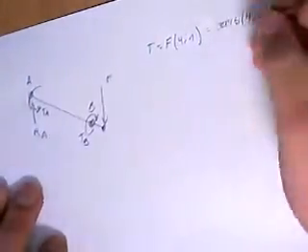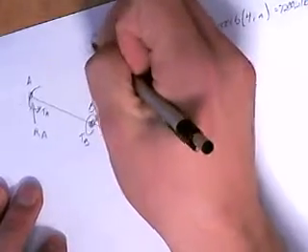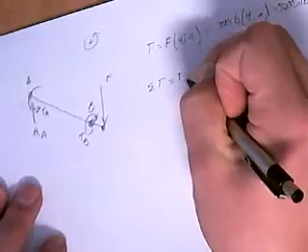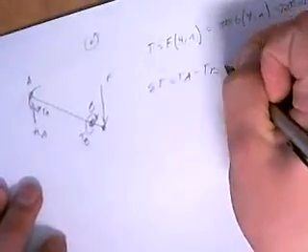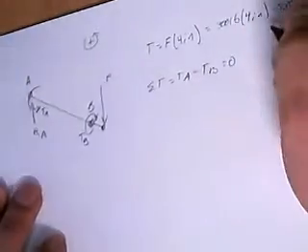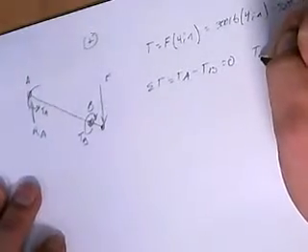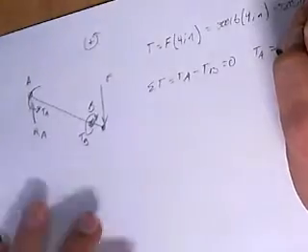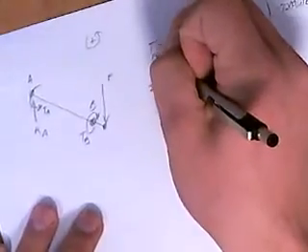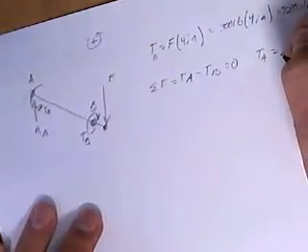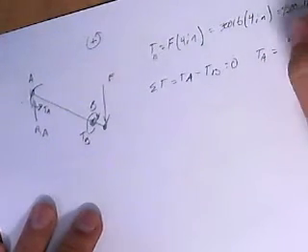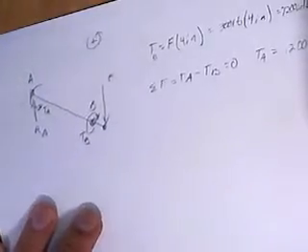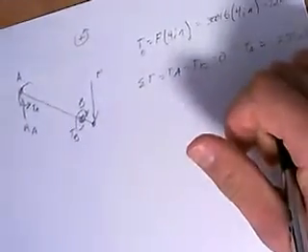Alrighty, we're assuming that counterclockwise is positive, so the sum of the torques is equal to TA minus TB equal to 0. So TA is equal to TB, which is 1,200 inch-pounds.